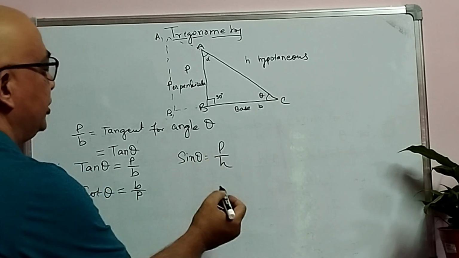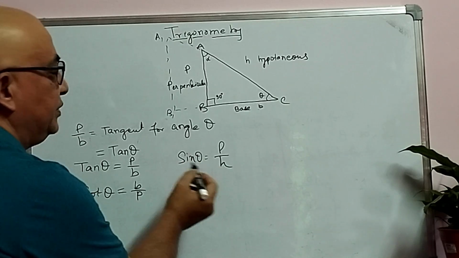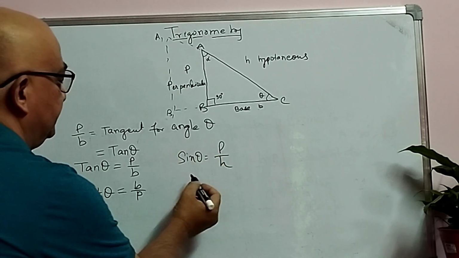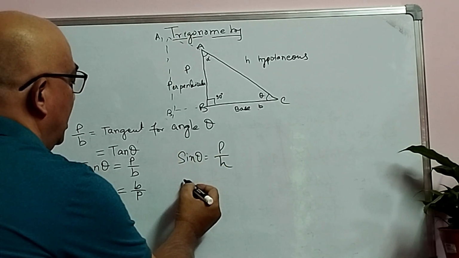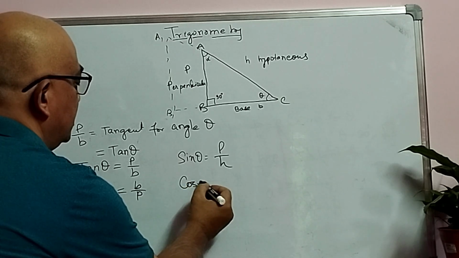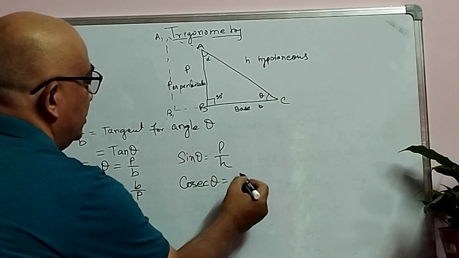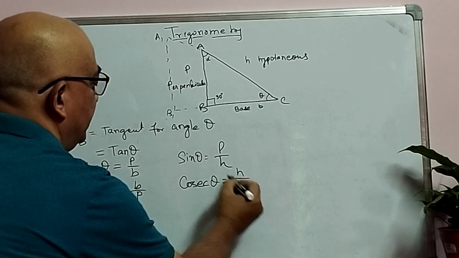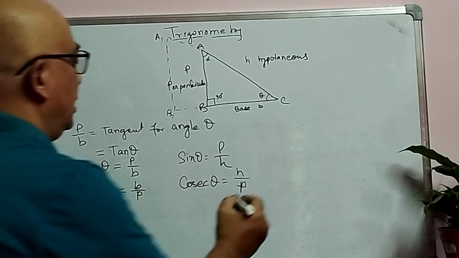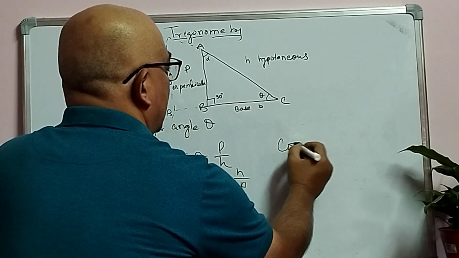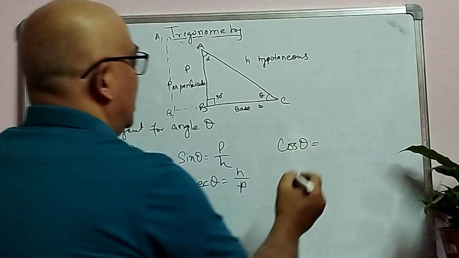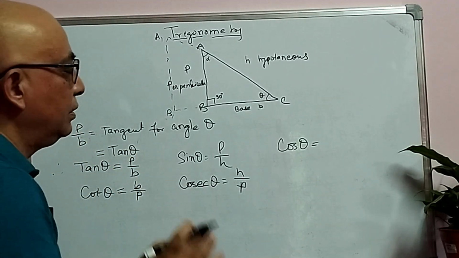P by H is the ratio that is named sin theta. Cosec, its reciprocal, is cosec theta equal to H by P. And we have cos theta. Cosine is shortened to cos.